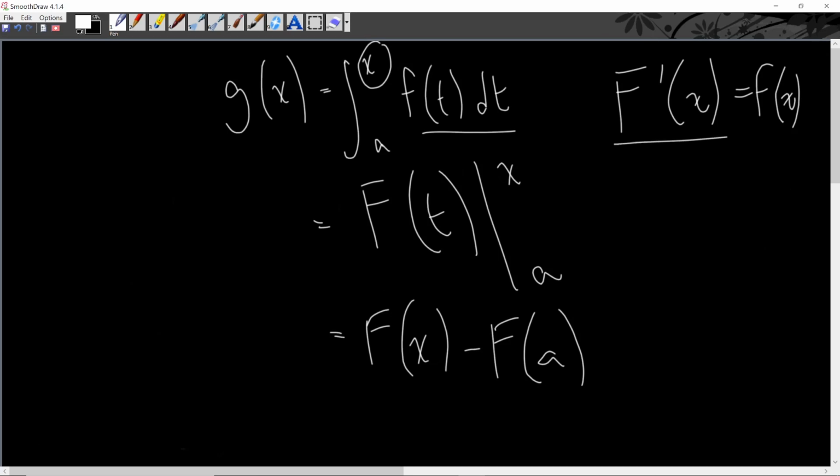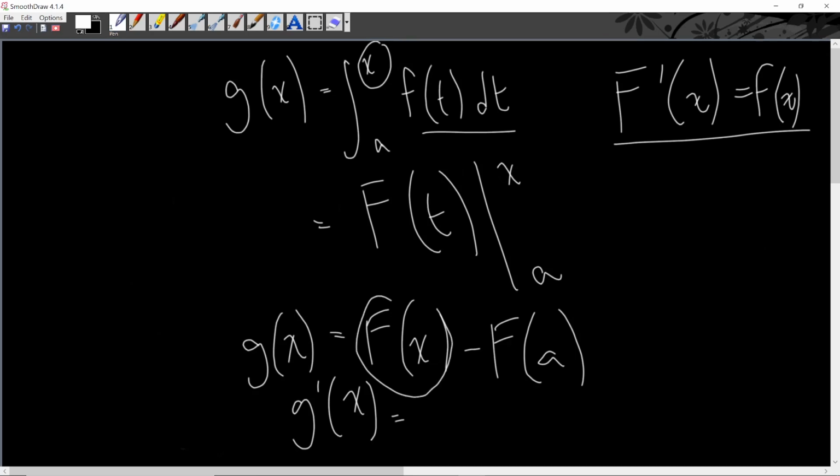We've been talking about how big F is the antiderivative of little f. I mean, little f is the derivative of big F. So if this is equal to g of x, when you do g prime x and you differentiate both sides, if we have big F prime x, which is the derivative of big F of x, we're just going to get lowercase f of x, and then the derivative of a constant is going to be 0.